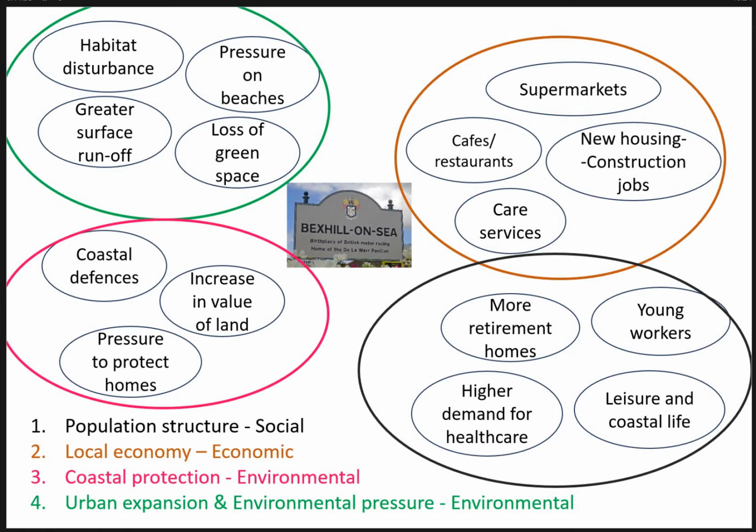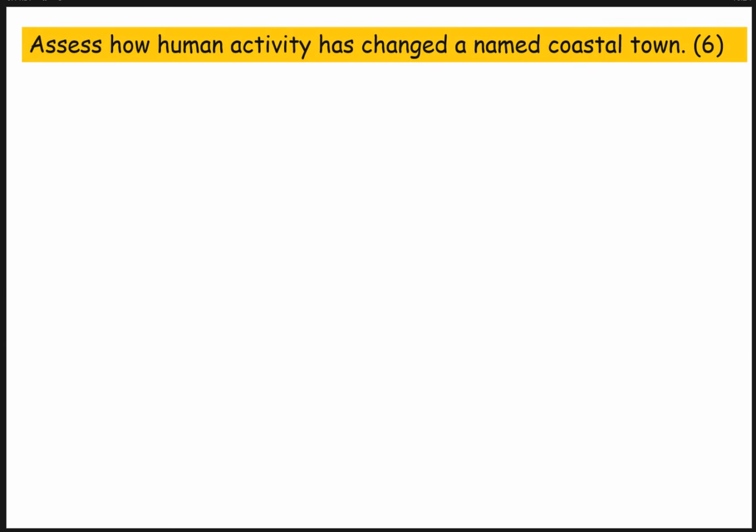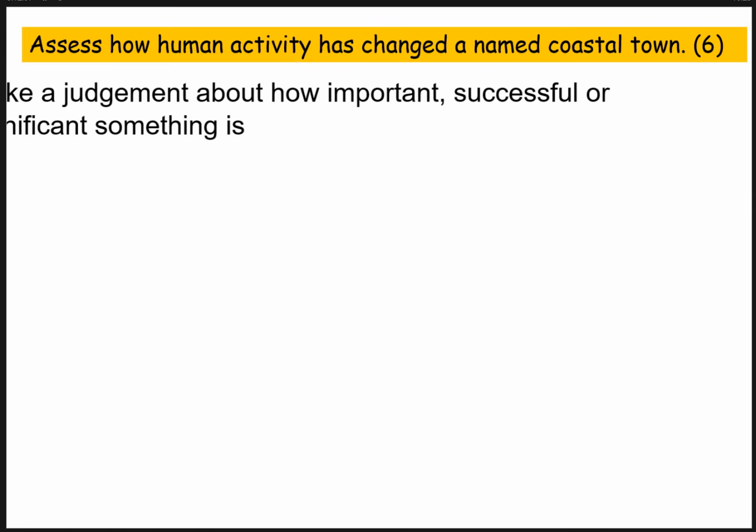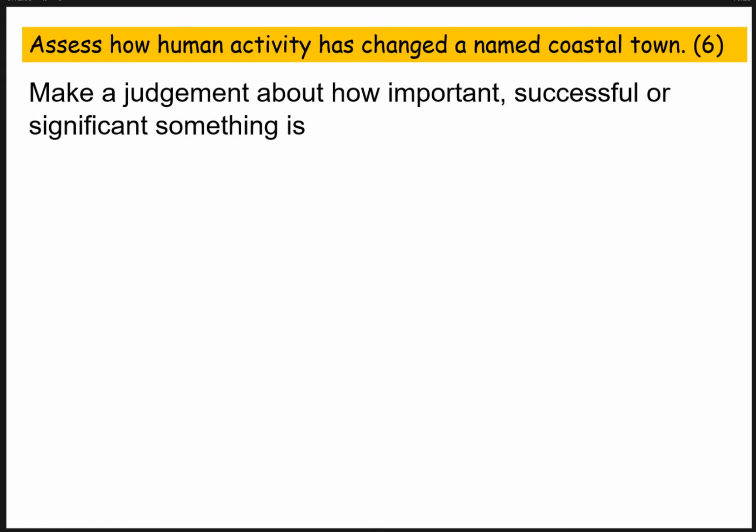Okay, let's look at an exam question that we might get on something like this. So assess how human activity has changed a named coastal town. So an assess question, this is about making a judgment about how important, successful or significant something is.